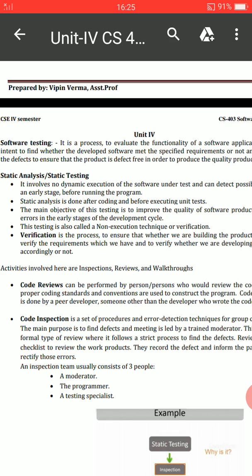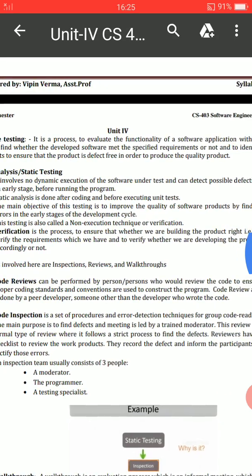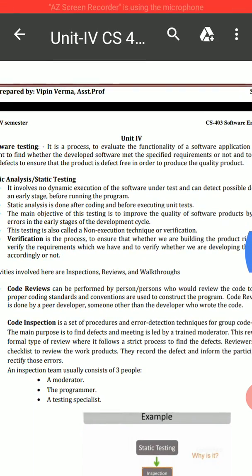The main objective of this testing is to improve the quality of software products by finding the errors in the early stages of the development life cycle. How does it improve quality? Because we are always trying to ensure the final product implements all of the user requirements, and none are skipped.